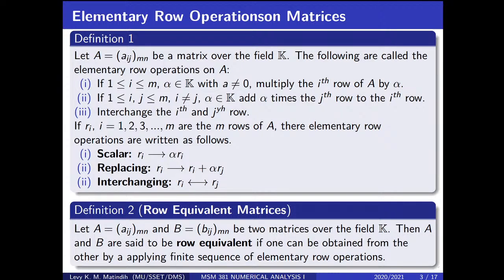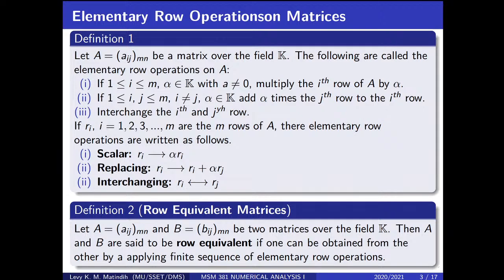These are the types of operations that you can apply on any given matrix. It doesn't matter whether the given matrix is an invertible matrix, a square matrix, or a non-square matrix. These operations can apply to them.